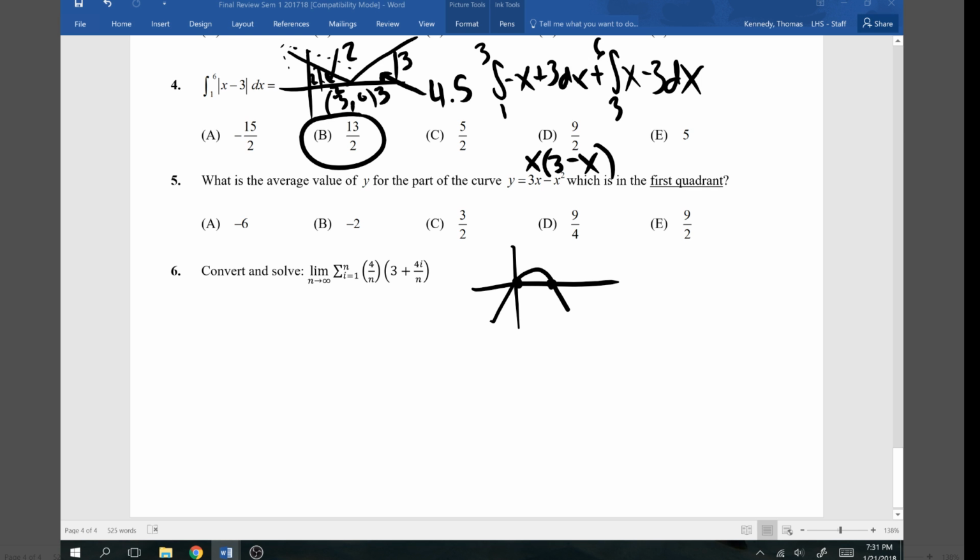And now it's saying, in the first quadrant, which has some meaning to us, because it's where it's positive, between 0 and 3 here. And so this is just asking for the average value of the function between 0 and 3. So I'm going to set up the average value thing, integral divided by width.